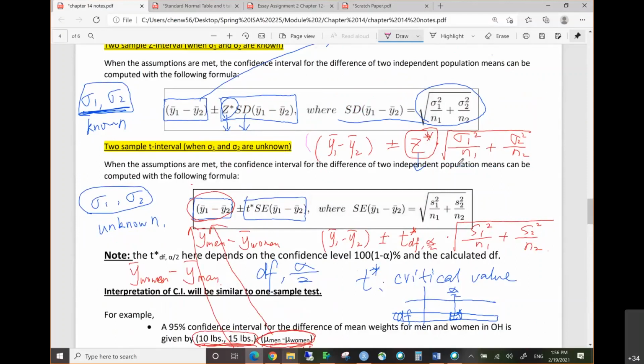Right, so this one or this one. Right, so again, in the last question, we have already known that the population standard deviations are not given, right? That means we will use this formula.